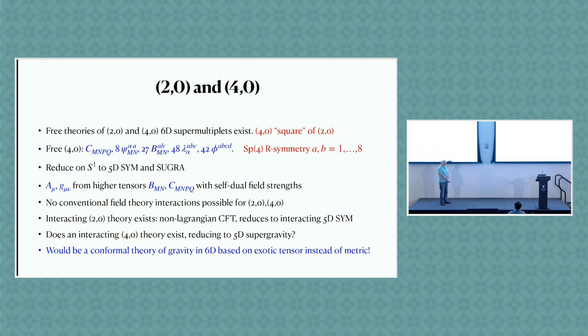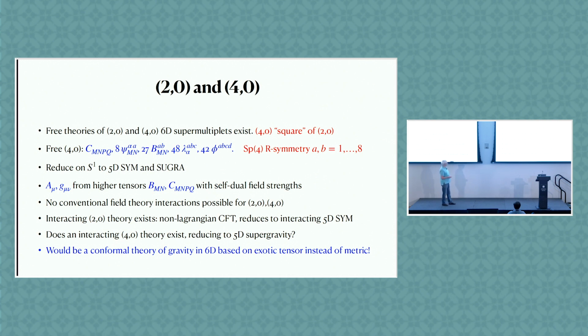So in the context of the double copy question, which was asked, we could think about constructing amplitudes for the 4,0 theory from a double copy, essentially a sum of squares of 2,0 amplitudes. In principle, understanding the 2,0 amplitudes would immediately give us a proposal for what the 4,0 interactions should be.